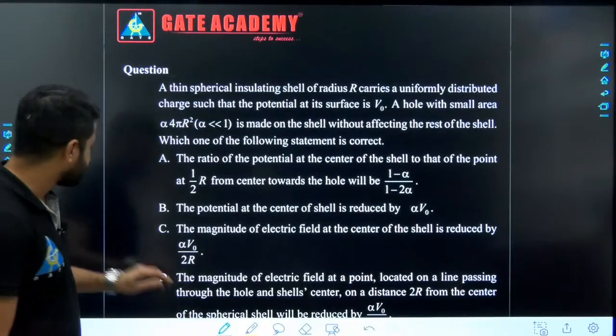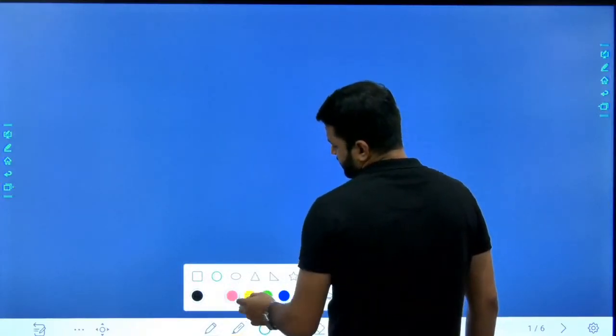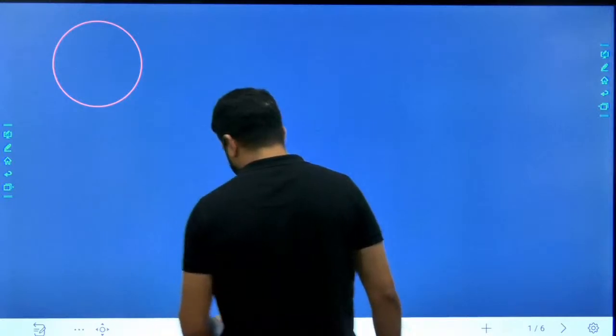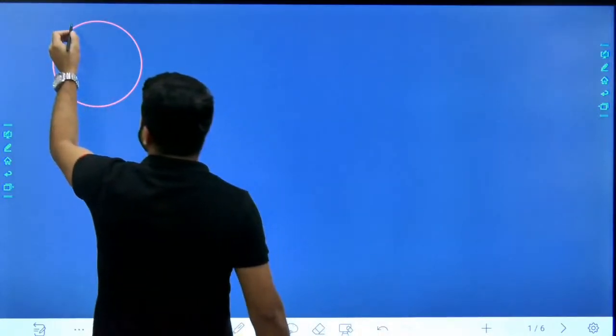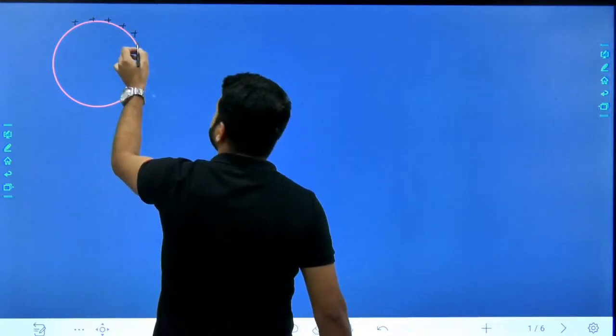Okay, so let's start solving this question. We have one sphere like this. The charges are present on the surface of the sphere.